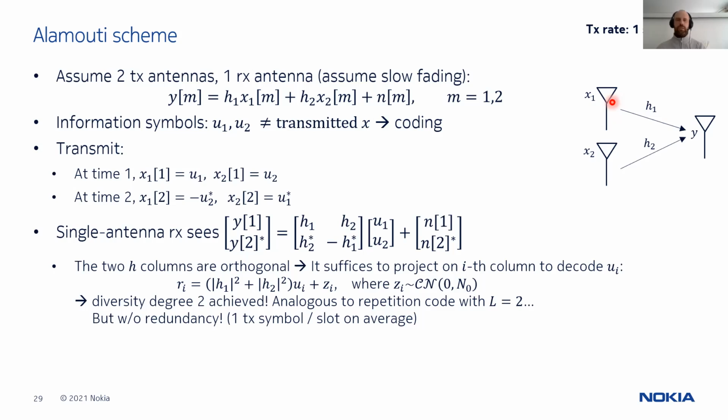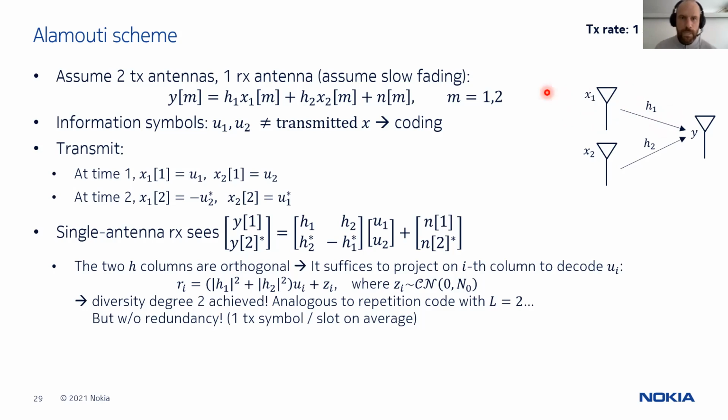As simple as that. The crux is that different antennas experience different channels if they're sufficiently far apart. So you can achieve diversity over time, but also over antennas. Antennas here is also called space. Whenever you hear space-time, space is actually antennas.